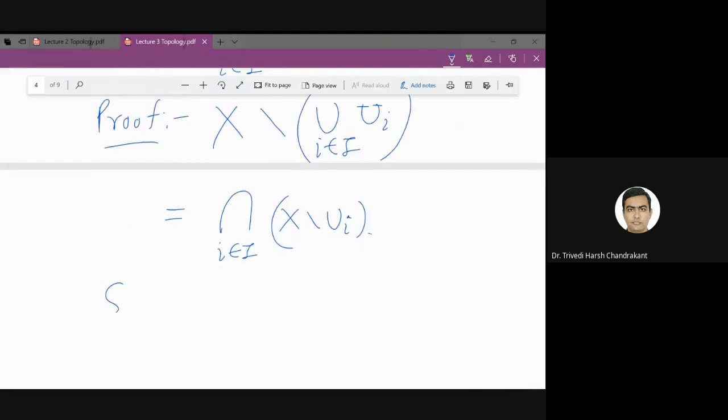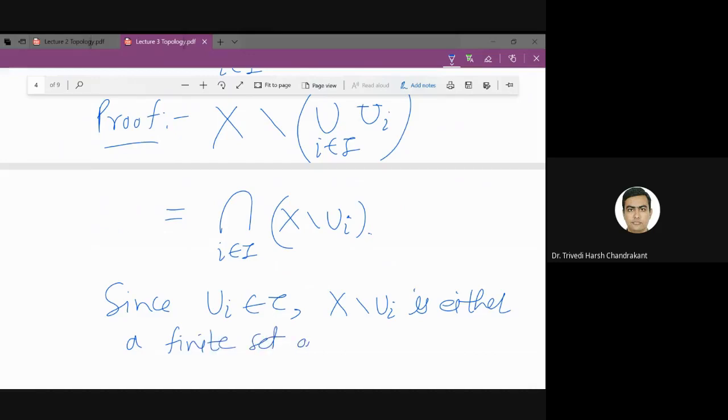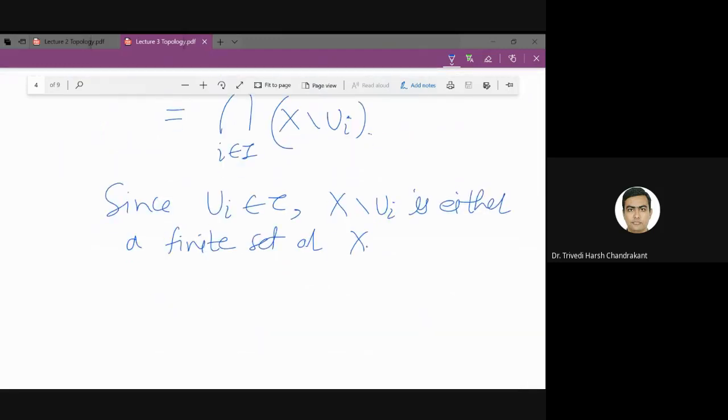Now since ui belongs to tau, X minus ui is either a finite set or it is X. And this is true for every i in I.